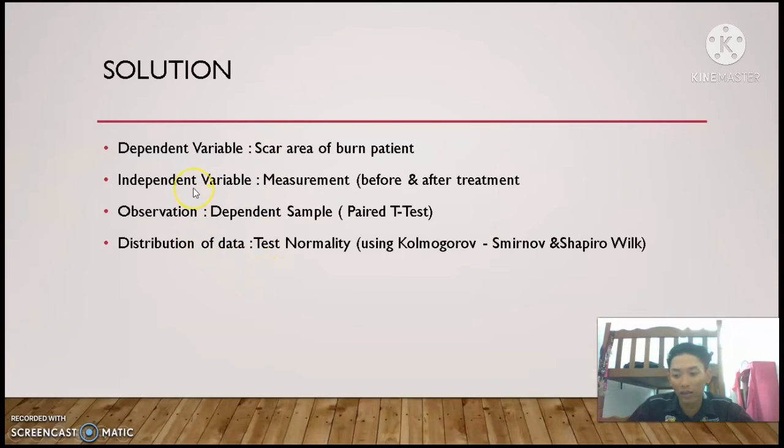So like I said before, find four important things, which are the dependent variable, independent variable, observation and distribution of data. The dependent variable is scar area of burn patient, the independent variable is measure before and after treatment, observation is dependent sample, paired test, and distribution of data is tested for normality using Kolmogorov and Shapiro.